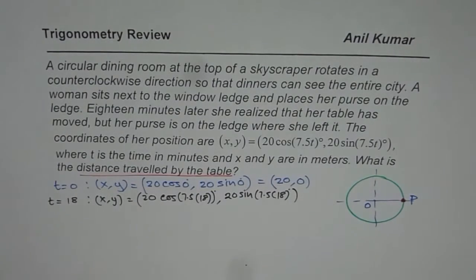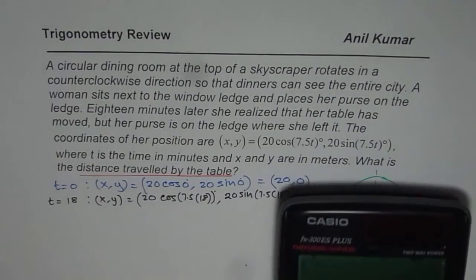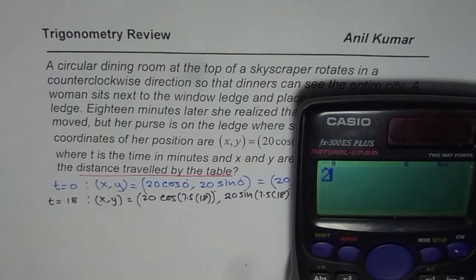We can use the calculator to calculate these answers. So we have 20 cos(7.5 × 18) equals minus 10√2.